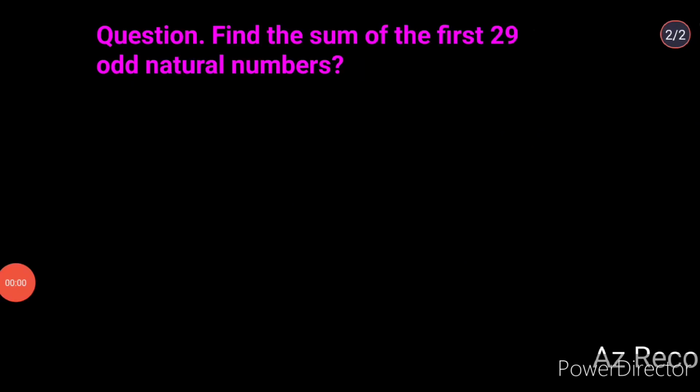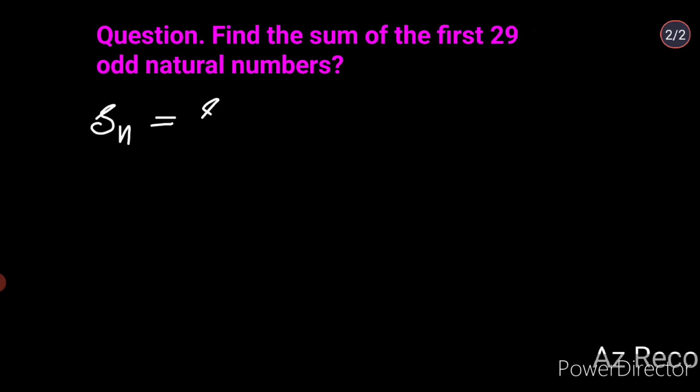Okay, here is your second question. Find the sum of the first 29 odd natural numbers. The question is very clear. You have to find the sum of 29 odd natural numbers from the beginning. So the formula is Sn, where n is equal to 29.